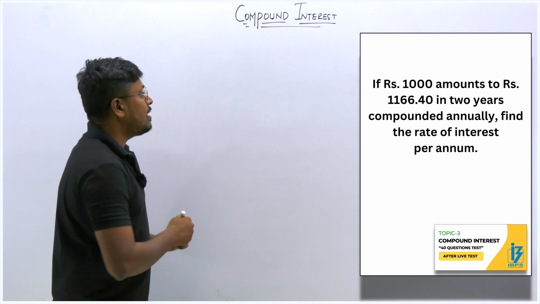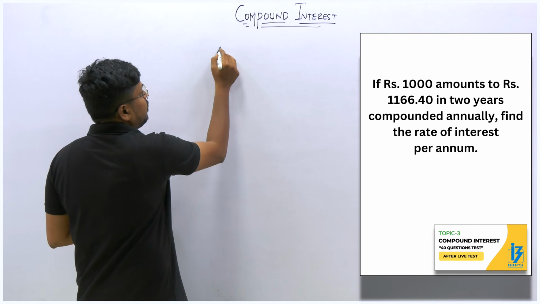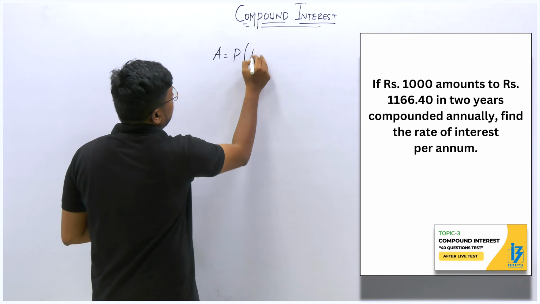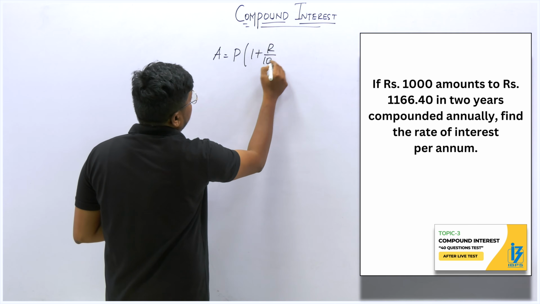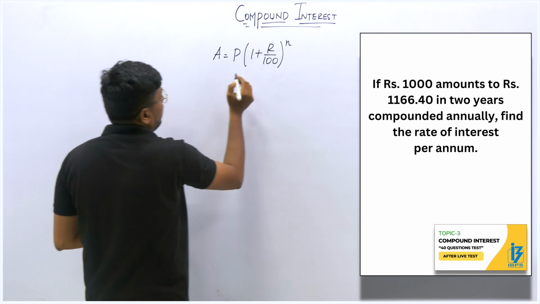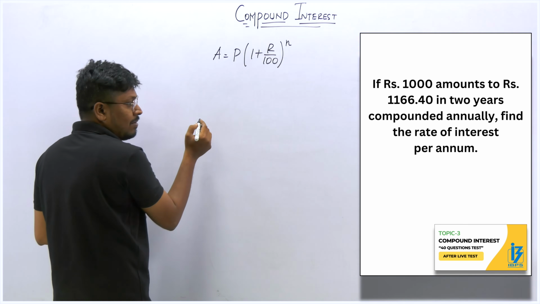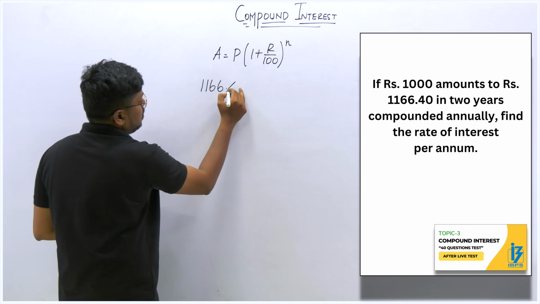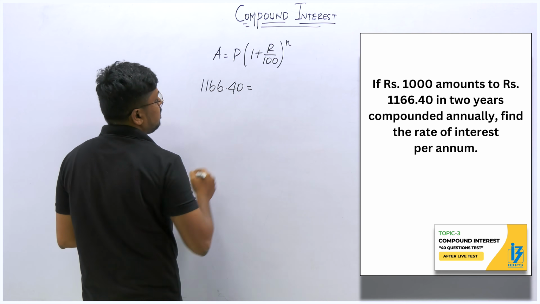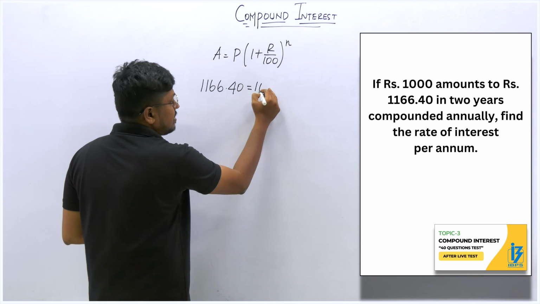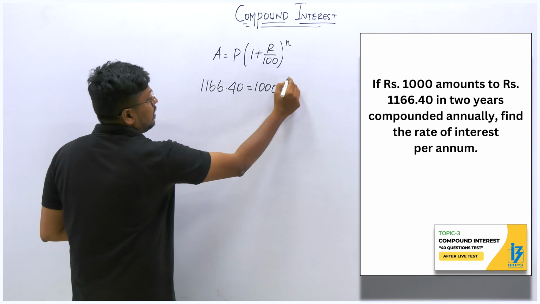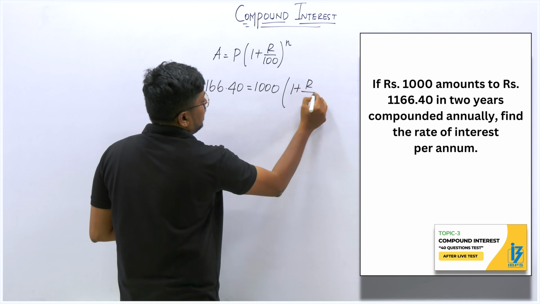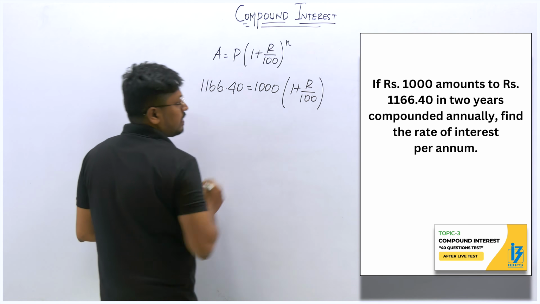Because the total value is given, we can use the formula A equals P into 1 plus R by 100 power n, right? We can use this formula here. So A will be 1166.40, is equal to the principal. The principal they have given is 1000. So 1000 is the principal. So 1 plus R by 100. We need to find the rate of interest here.